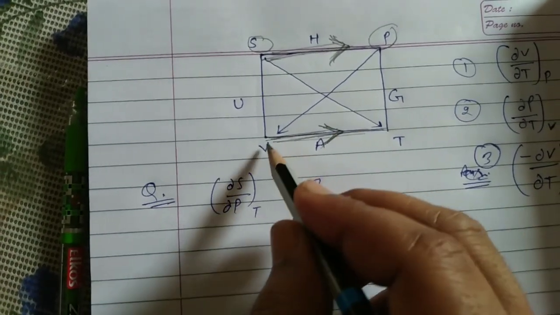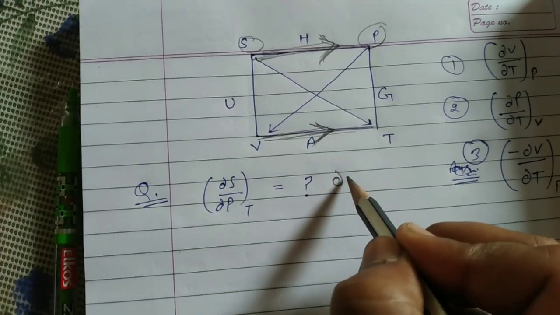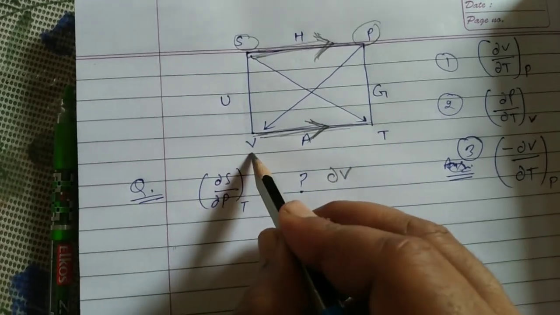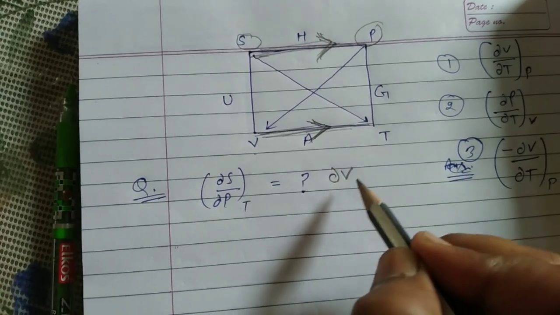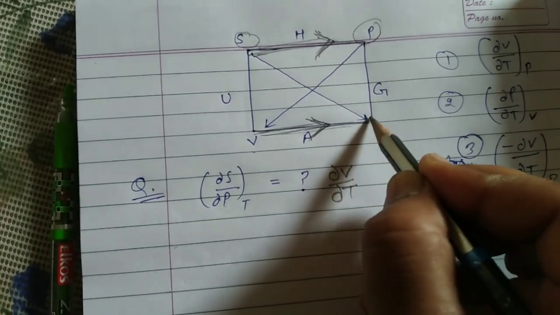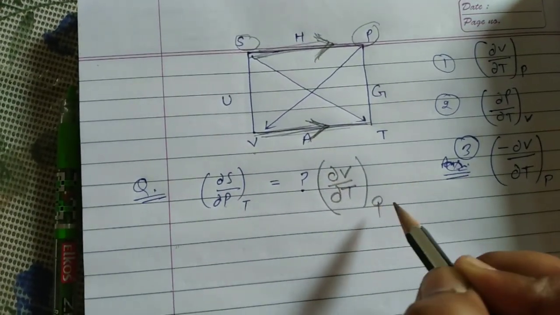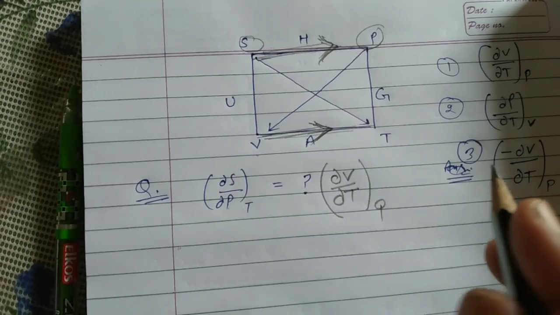So we write the equation: the partial derivative of volume with respect to temperature at constant pressure. This is the Maxwell relation, but it is not complete yet.